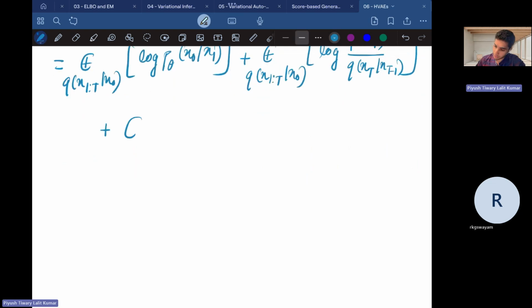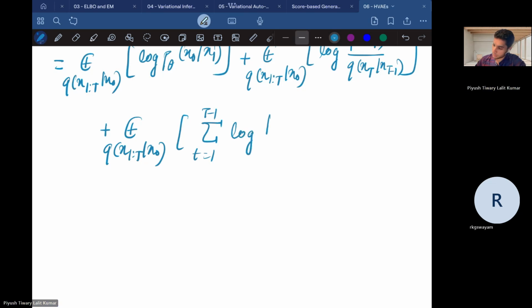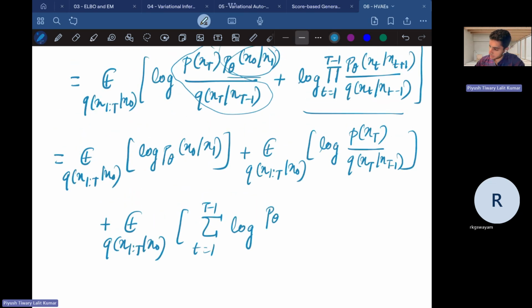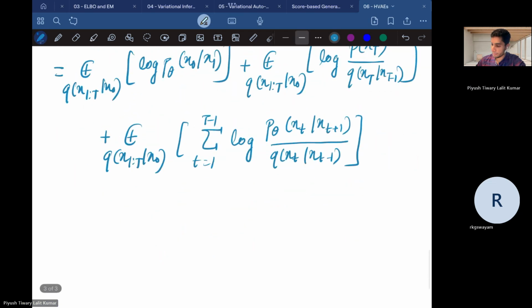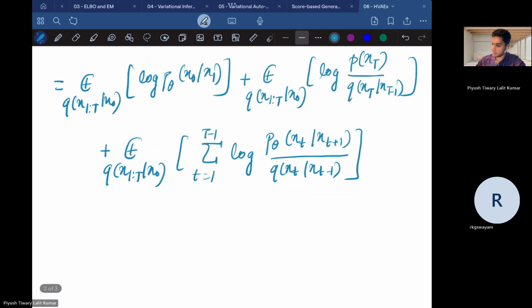This is expectation of q x1 to T given x naught of summation over t equal to 1 to capital T minus 1 of log of p theta of xt given xt plus 1, divided by q of xt given xt minus 1. This is how this will look.